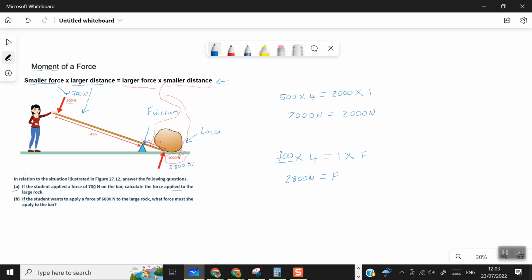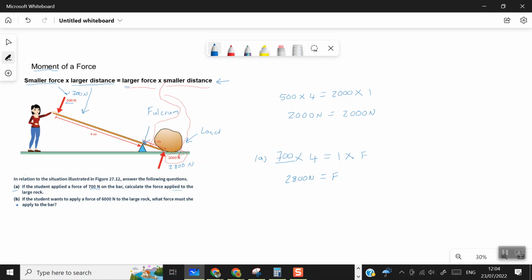That's a much bigger force than what was originally applied to the rock. And that's simply by adding a little bit more force here on the end of this longer side of the lever. So you can see that the force here is being magnified by this lever. And that's essentially what a lever does. It magnifies a force. So that is part A.